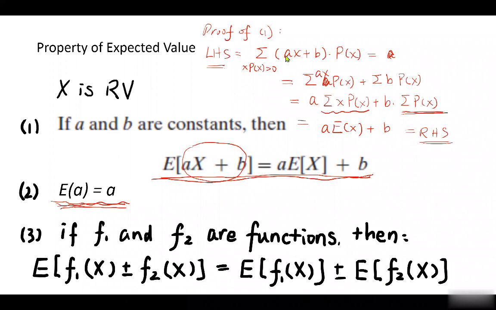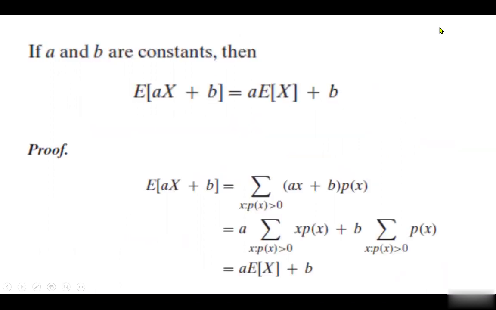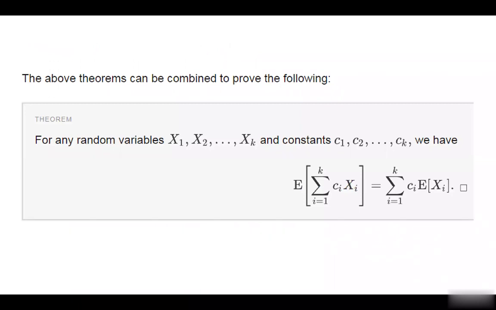This is another very useful property that you can use to simplify your calculation. Proof, you can have a look at this after the class if you are interested. I hope you are able to prove this property.